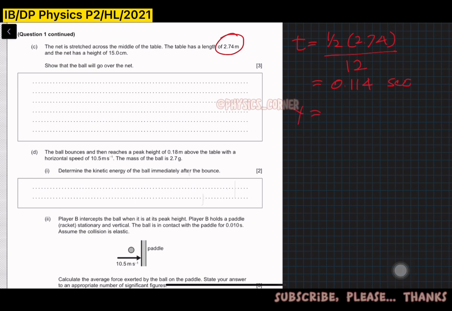After this, we find y, the height. Is it still up then of 15.0 centimeter or not?